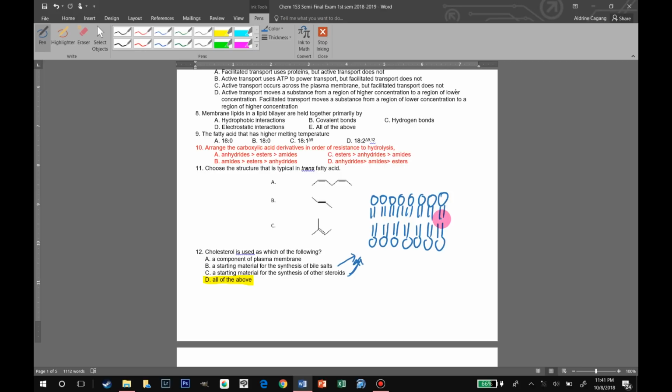It also needs certain areas of the cell to be rigid. So what your body can actually do is insert cholesterol within the structure of your phospholipid bilayer to introduce rigidity to the membrane. So letter A is also a function of your cholesterol. So the answer here should be letter D, all of the above.